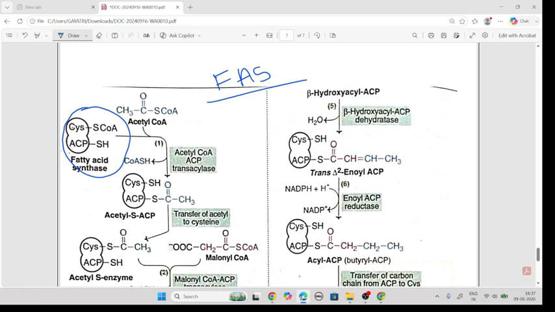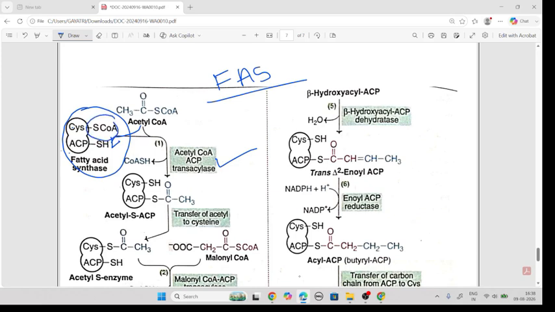The acetyl CoA is going to bind on your ACP part, the acyl carrier protein part, in the presence of the enzyme acetyl CoA ACP transacylase, where the CoA of SH-CoA will be released.